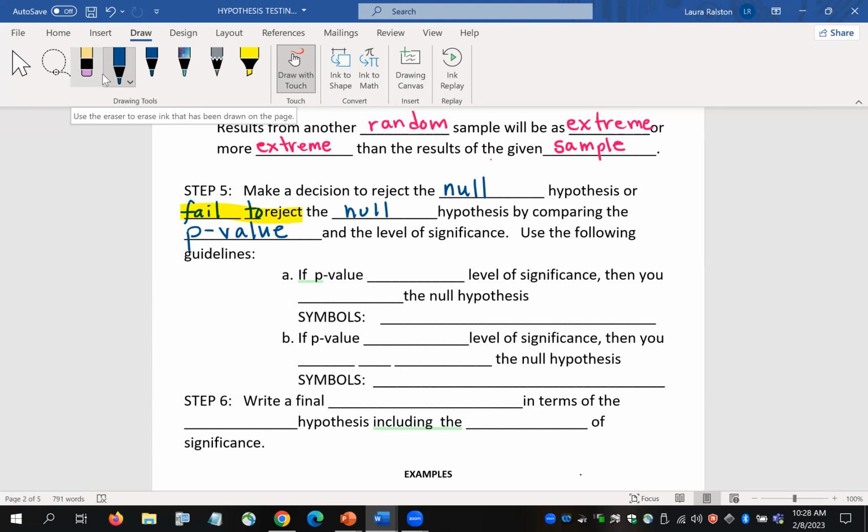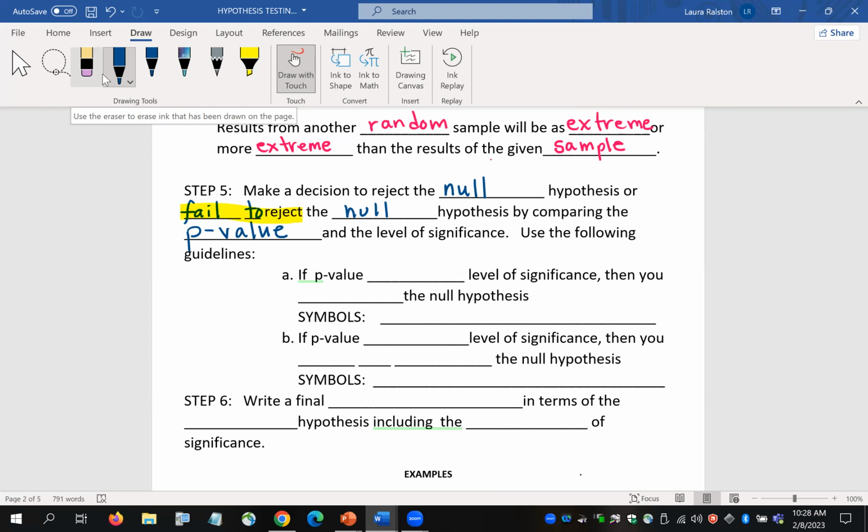Again, think about the court case. We don't come back and say the person is guilty or innocent. The jury comes back and says they're guilty or not guilty. They could still have done the crime, but the evidence didn't prove it. But if we had more evidence or different evidence, we could have come to a different conclusion.